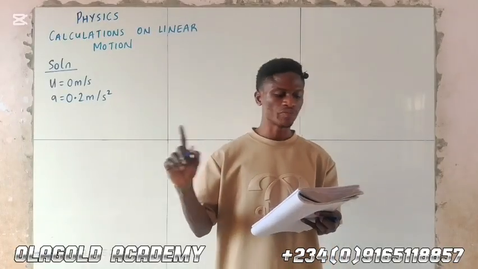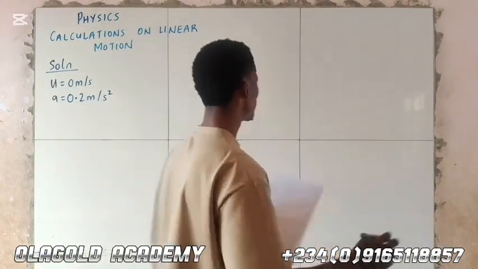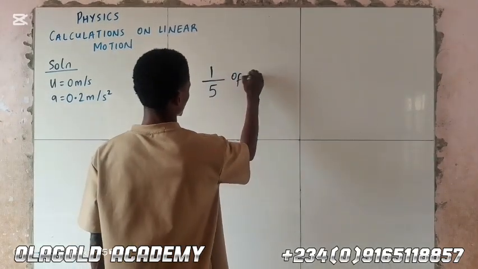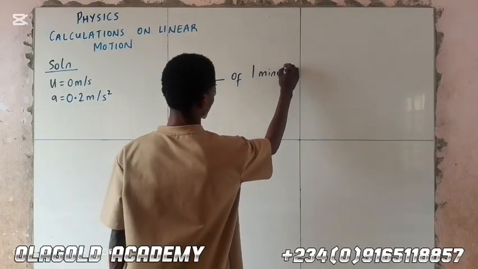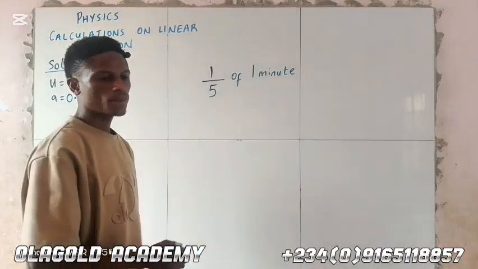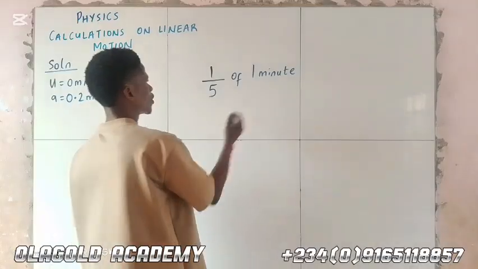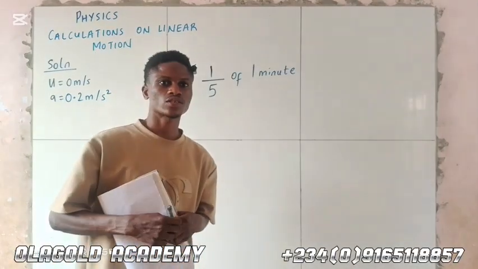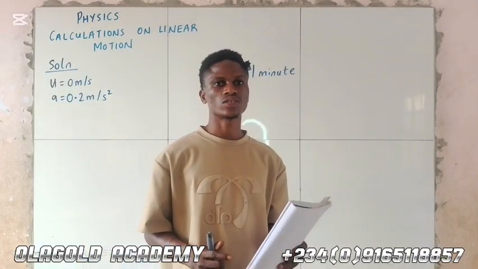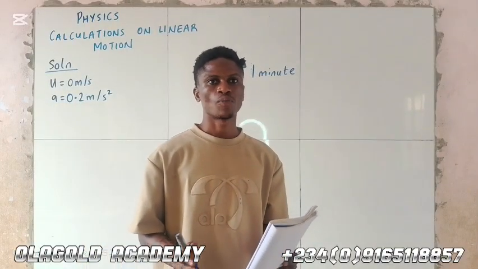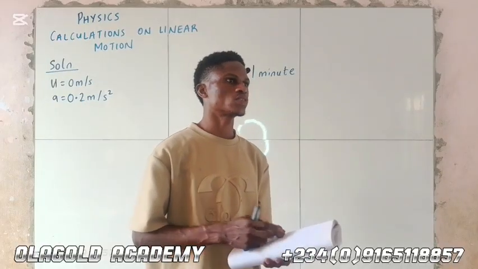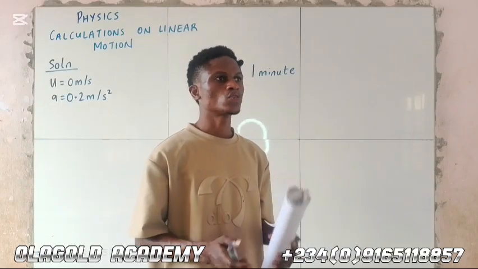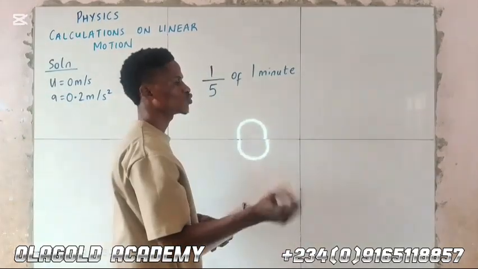For 1/5 of a minute, what do we do here? We have to find the 1/5 of a minute. As we all know, 1 minute is 60 seconds, and the standard unit for time is seconds. So we need to convert this minute to seconds.